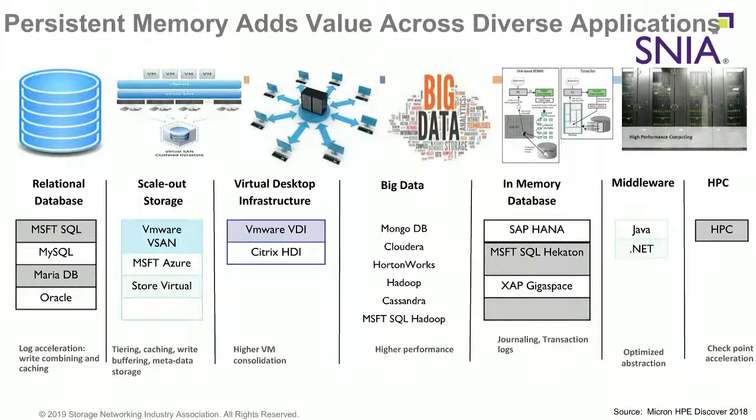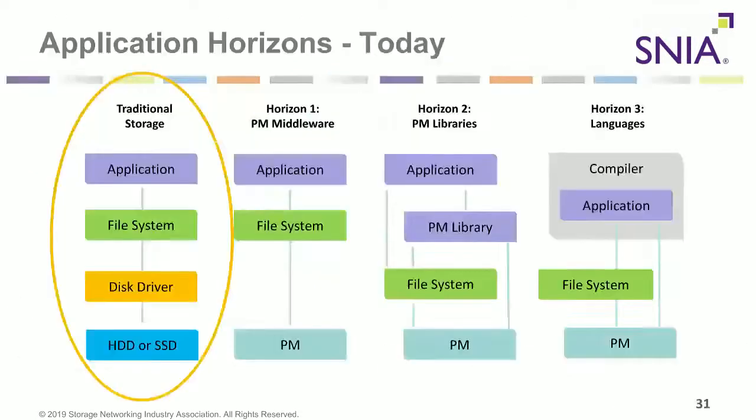And this is going to be another game-changing effect. We talked about HPC, the high-performance computing environment, and how it is going to be useful. So that was some of the applications that can take advantage of persistent memory.